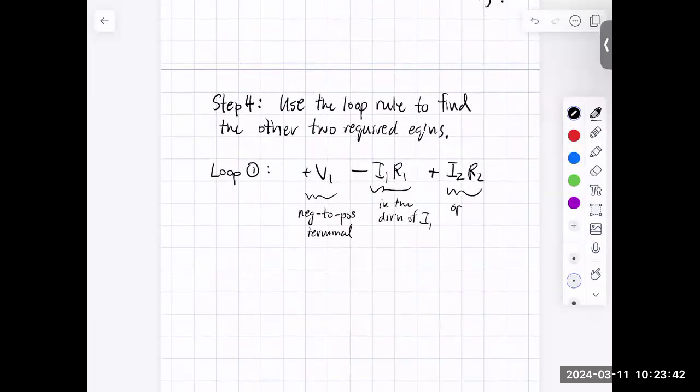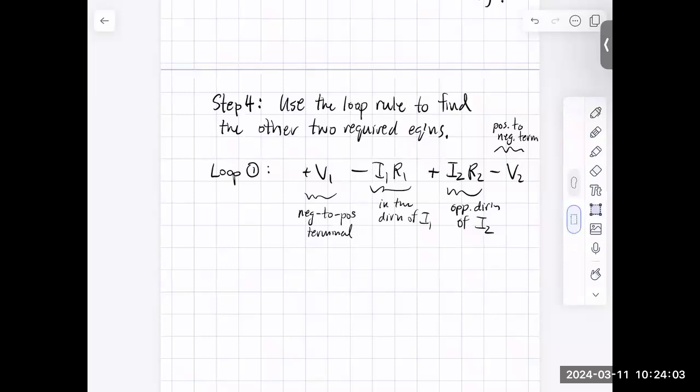So this is the opposite direction of the current I2. And then we go minus V2, and that's because we went from the positive to the negative terminal. All of these things would have to sum up to give 0.